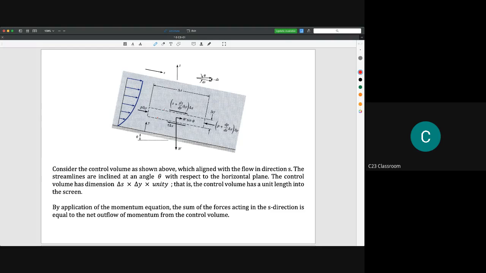Here we assume that the shear stress at the top is bigger compared to the shear stress at the bottom, according to this free body diagram.